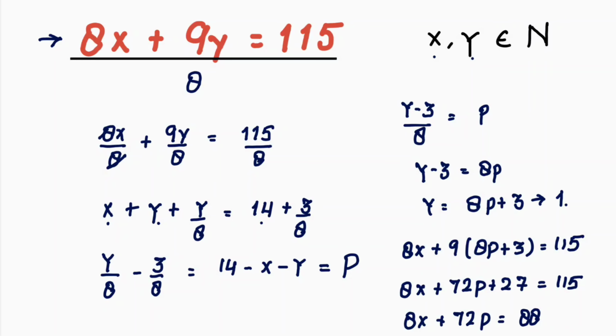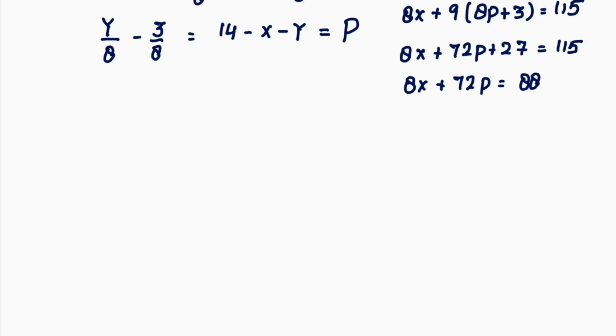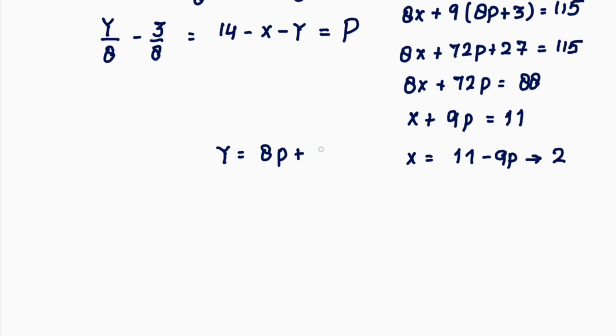Divide the whole equation by 8. x + 9p = 11, and x = 11 - 9p. This is equation 2, and earlier we had y as 8p + 3.